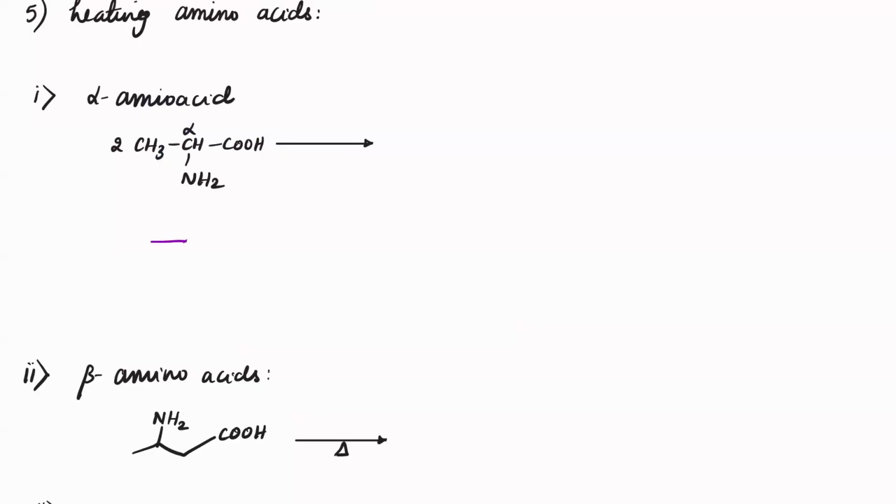So again, same thing here. We can make this as double bond O and OH, and on the other end I can write it as NH and H. Here also I can write NH and like this with double bond O and OH.